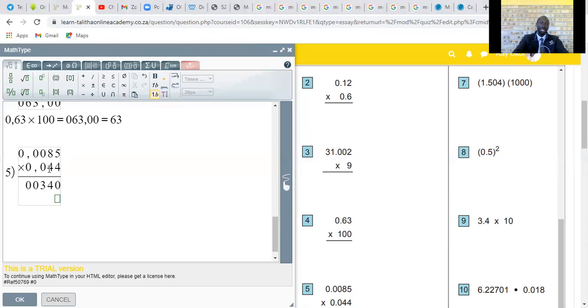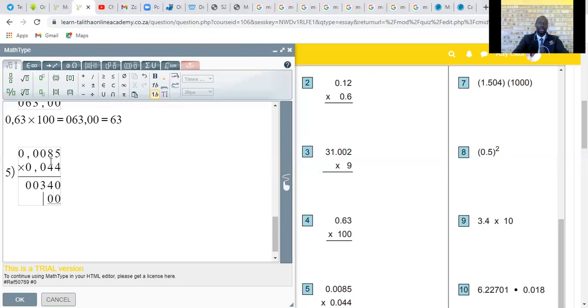Now notice that the first number we get after multiplying 4 by anything up here is going to fall under this 4. That means under this 0, we can put just a 0 as a placeholder. So that 4 times 5 is 20. So we write 0, we carry 2. Then 4 times 8 is what?